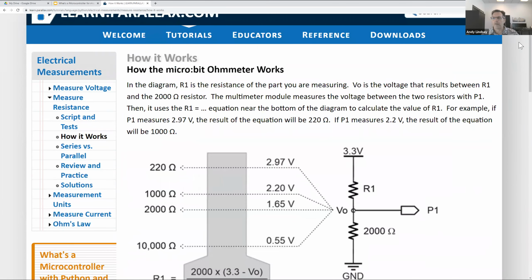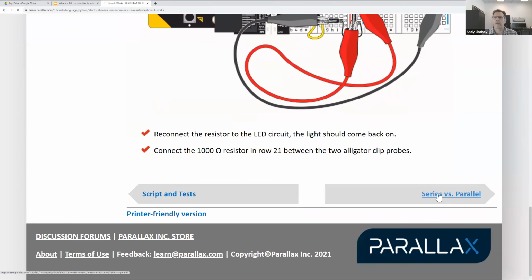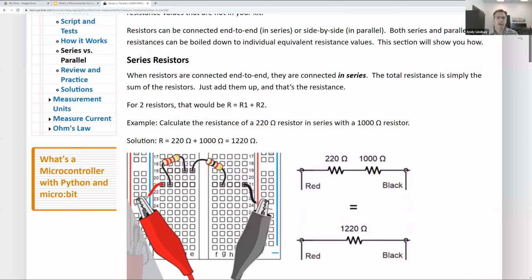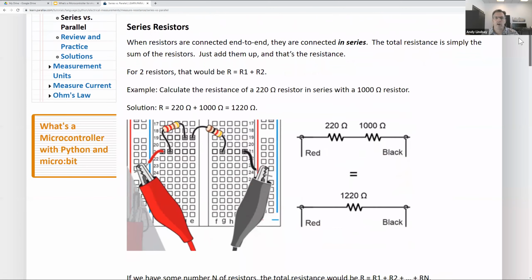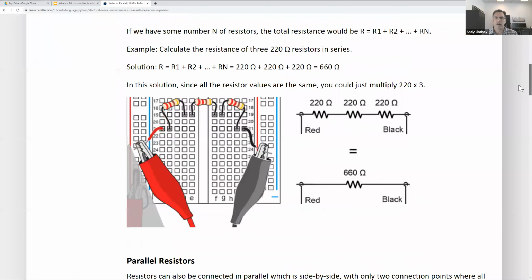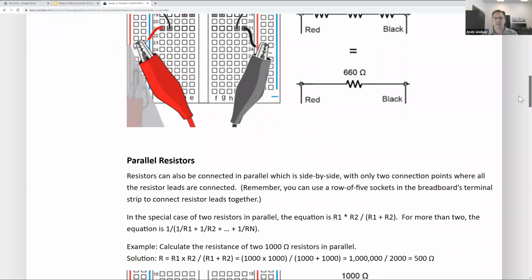Then we talk about how those measurements work. Again, I'm just flying over this, just want you to know that these things are in the lessons. Resistors can also be combined. They can be connected end to end, and they'll have an equivalent resistance when you do that. So for example, these three 220s will just all add up and become 660.